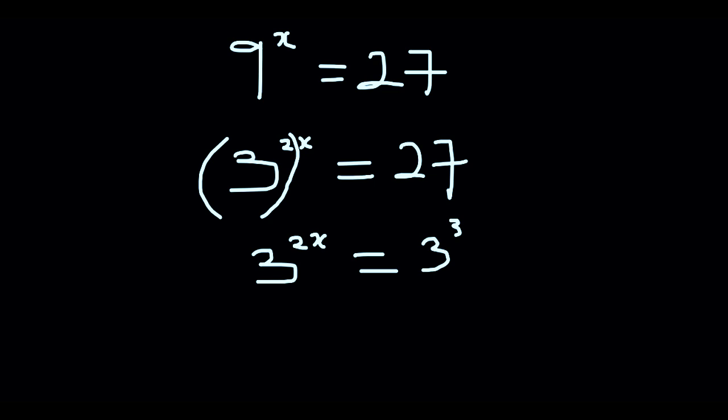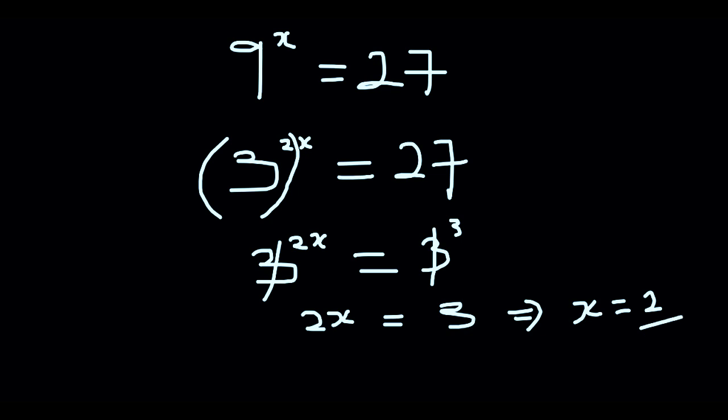So if this base cancels this base, then we have 2x equals 3. Then this implies that x will give us 3 over 2. That's our final answer.